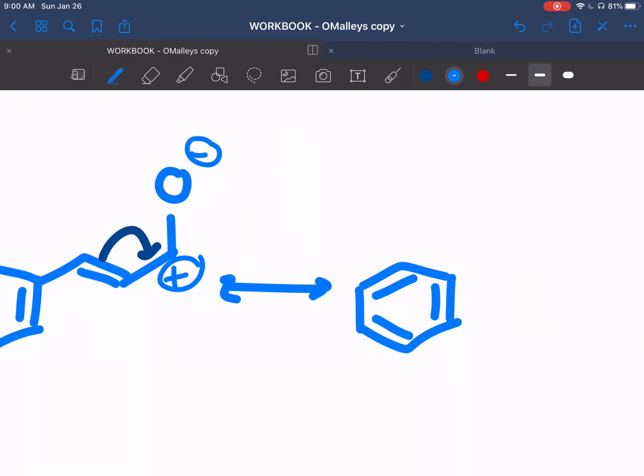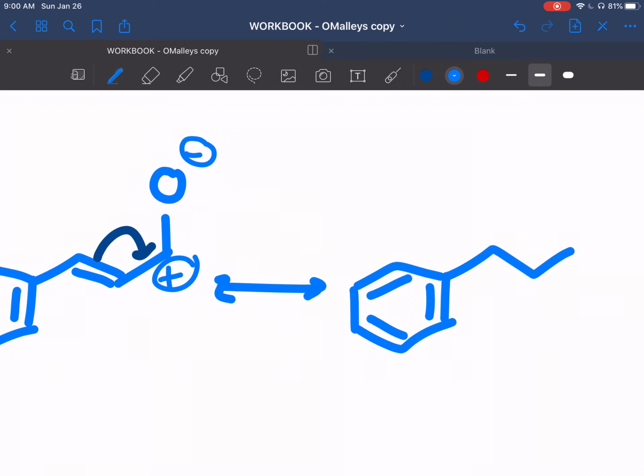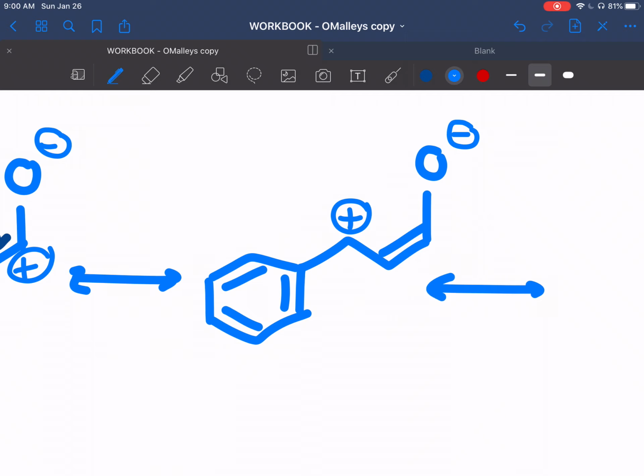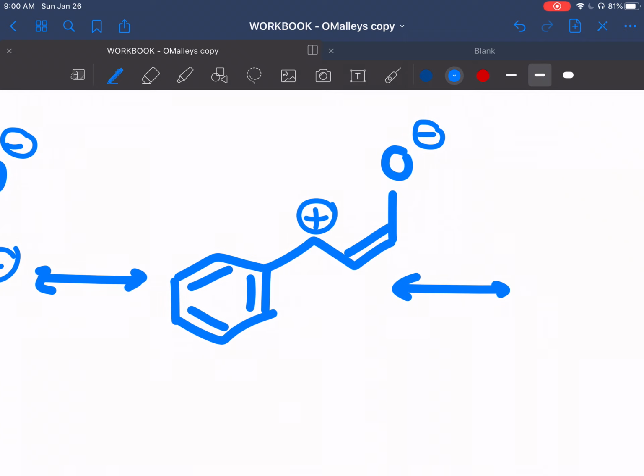Remember, you only ever move pi bonds and lone pairs. In resonance, we don't break bonds. We don't move the atoms. This is not even a different molecule. This is just a different way of expressing where the electrons are shared unequally throughout this entire molecule.